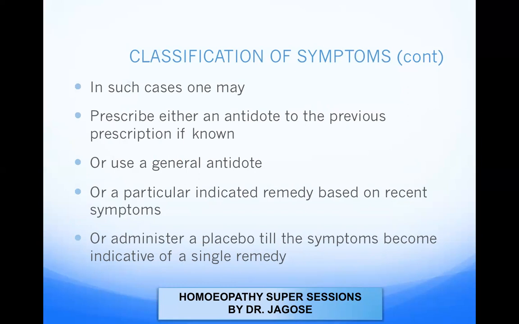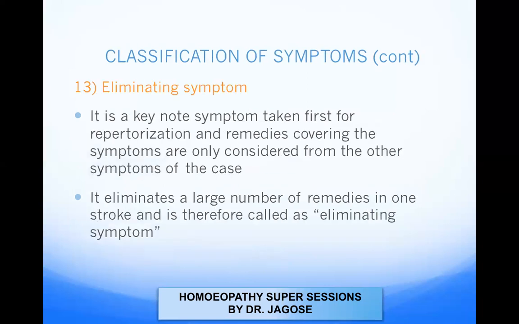Or if you still cannot identify what is wrong, you can take the totality of whatever recent symptoms are there and prescribe; that will also be an antidote. Or administer a placebo till the symptoms become indicative of a single remedy. Just give a placebo, wait for the side effects of the medicine to wane away, and the totality may then become clear. So this is how you treat a maze of symptoms.